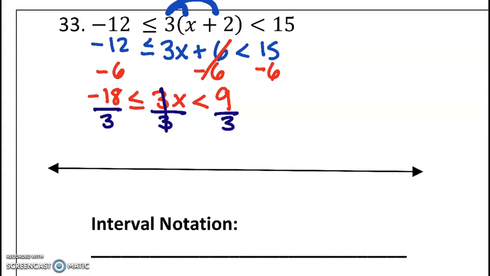Negative 18 divided by 3 gives me? Negative 6. X. 9 divided by 3? Do I need to flip my signs here?